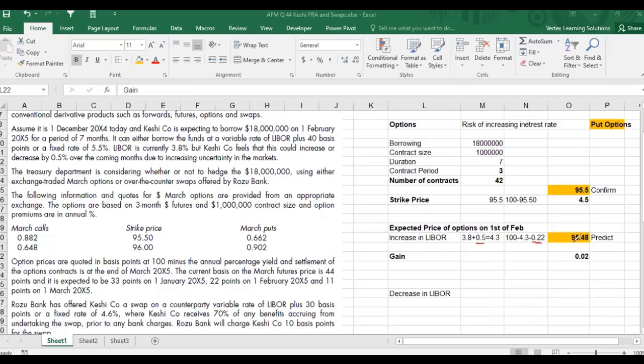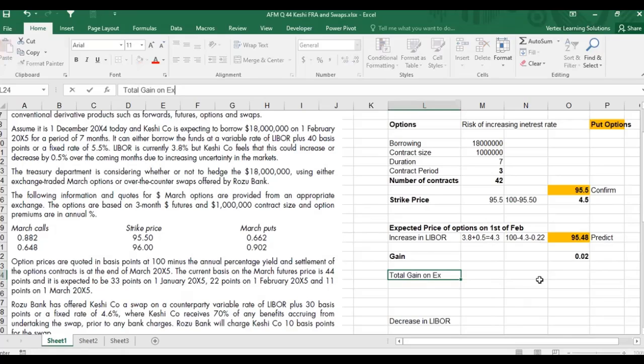Let's suppose this is the price, and you make a gain. So clearly you have a gain here. So you can execute the contract, and then you should calculate how much gain we are making. So we have the total gain on exercise, as we are exercising the option.